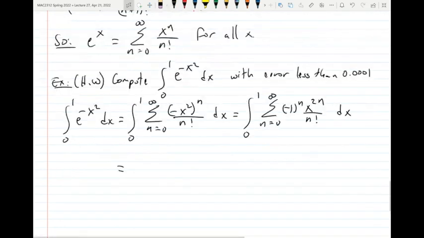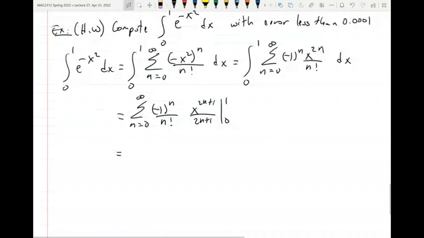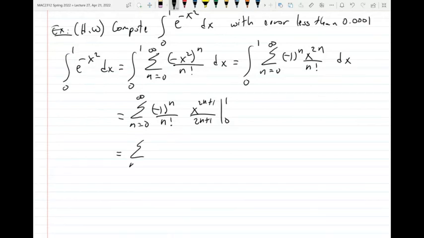Then passing the integral through, we get the sum from 0 to infinity, negative 1 to the n over n factorial, and then we integrate x to the 2n. What do we get? x to the 2n plus 1 over 2n plus 1. And we need to plug in from 0 to 1, right? The limits of integration. So what is this? That would be the sum from 0 to infinity.